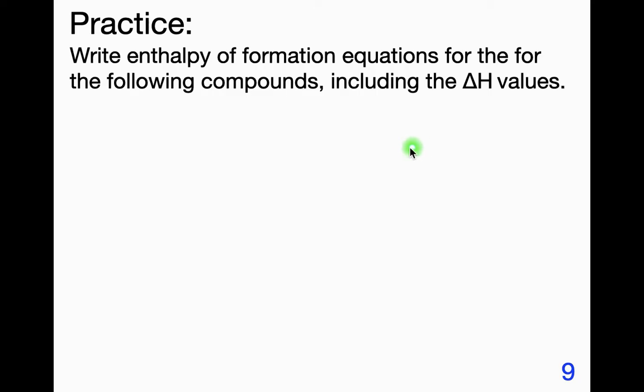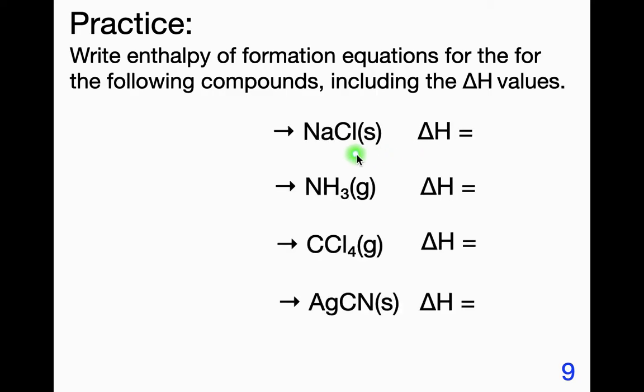Okay, we did a little bit of practice writing balanced enthalpy of formation equations, and the main idea here is when we write our balanced equation, we have to make sure that the compound that forms has a coefficient of 1. So we're a little handicapped when we go to balance it.